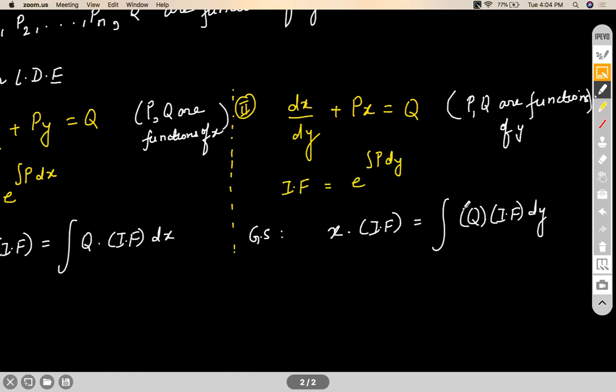So this is what we had learned in our class before the last. Today we are going to talk about reducible to linear differential equation, so I'm going to begin the class with that.